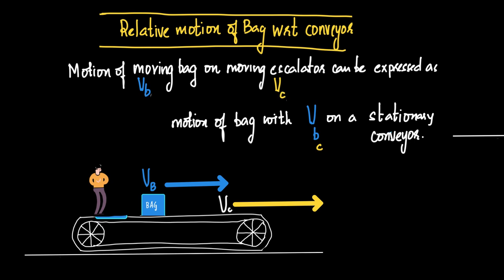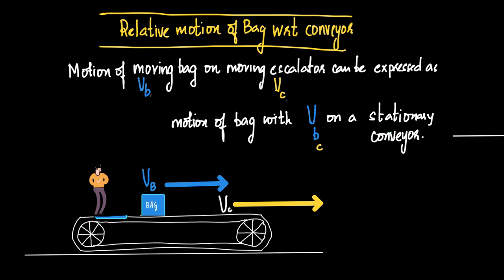While we study the relative motion, these two parameters get merged into one, velocity of bag with respect to conveyor, and the escalator which was moving is now considered to be stationary. So velocity of A with respect to B actually implies the velocity of A when you observe it from a platform at B.